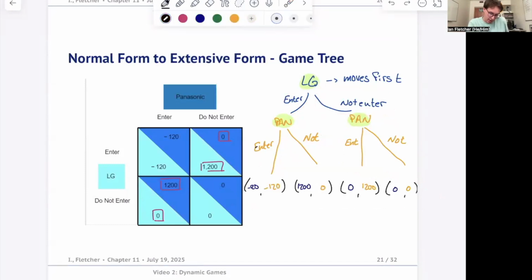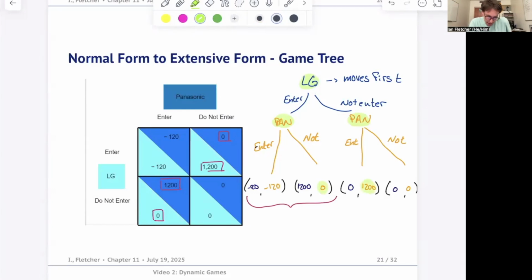So if LG moved first, the way that we solve these is we're going to do a thing called backwards induction. Let's look here. Assuming LG entered first, Panasonic would be better to just stay home. If LG didn't enter, Panasonic would find it advantageous to enter.